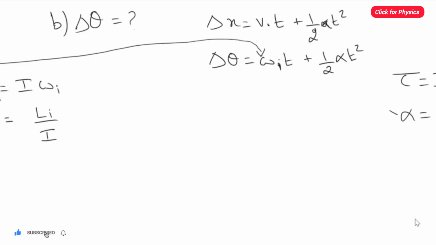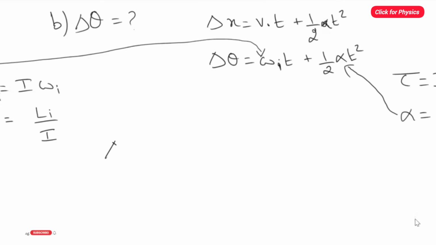And I'm going to take this rule and substitute it here. So once you substitute these two values, omega I as well as alpha, then we can substitute the values for the initial angular momentum and rotational inertia, and then we can easily find the answer for delta theta. So let's substitute this formula for omega I and alpha.